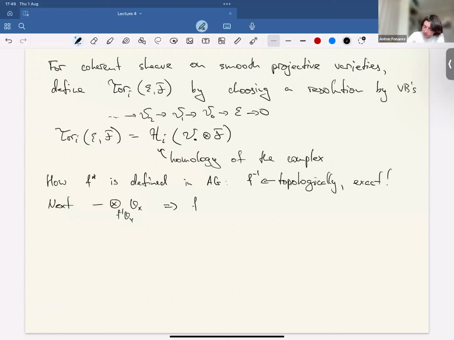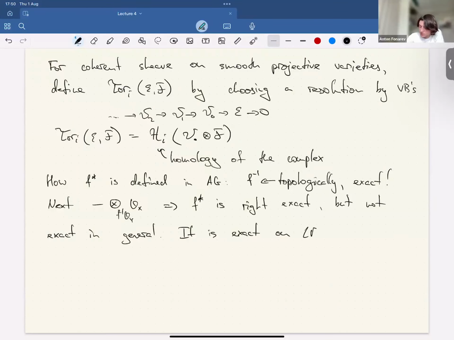So you immediately see that the pullback is again right exact, but not exact in general, though it is exact on locally free sheaves.